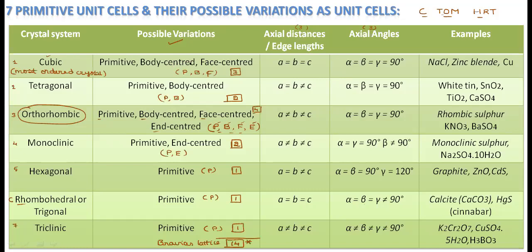Now, to remember the possible variations for the code, go with orthorhombic as PBFE, then the first one, cubic, as PBF, next tetragonal as PB, monoclinic as PE, then the remaining HRT have the primitive type of unit cell.